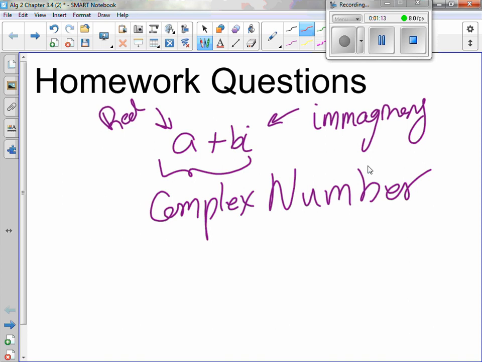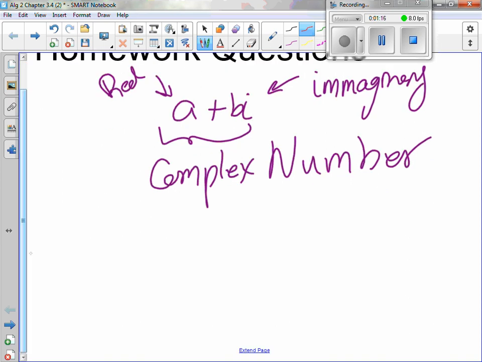So in that train of thought, what do you think is a number that cannot be written as a complex? 0. It seems like we can't write this as a complex number. However, two of us in here know how to do it. How can I write this as a complex number in the form of a plus bi?